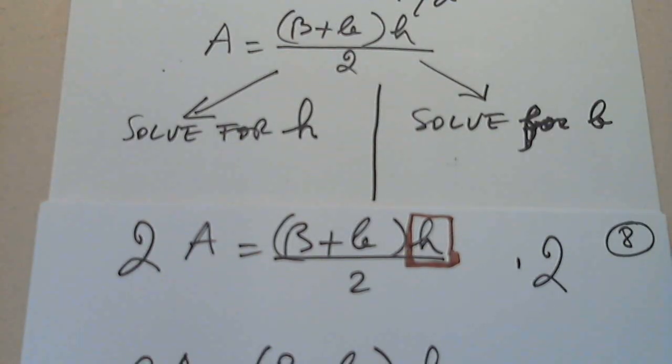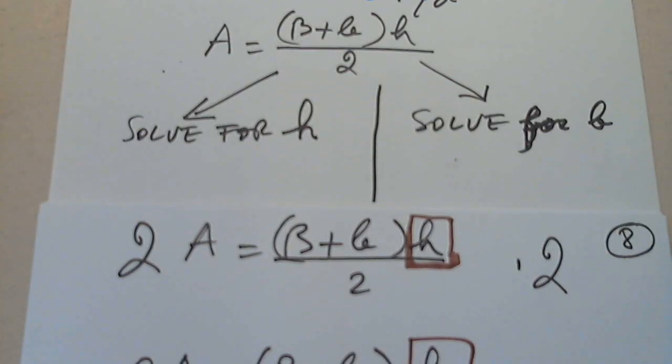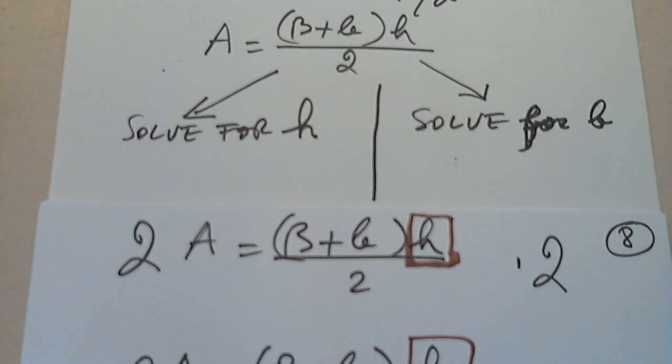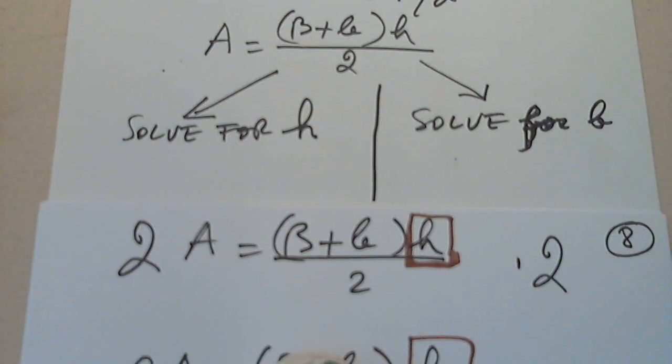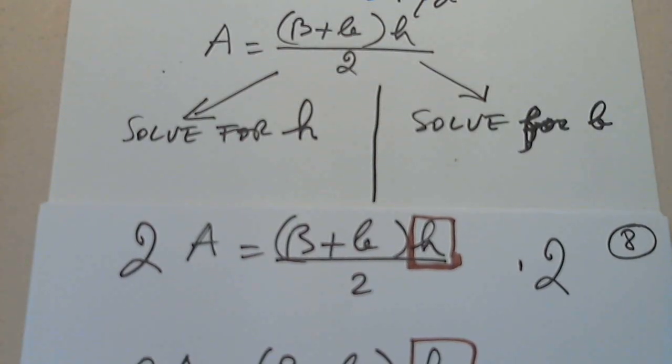Remember, we are solving for lowercase h. What should we do now to both sides to get h by itself? Distributive. Careful. I guess you could divide by whatever that is. I don't even care what it is. It's a number or a quantity that multiplies h. So this is what I need to divide by. And it's done.